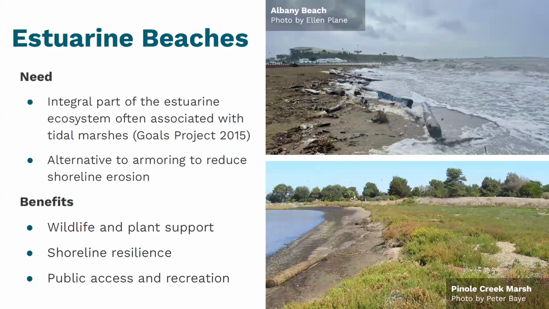When it comes to shoreline resilience, I already mentioned they can help buffer from waves and reduce shoreline erosion, and that can be whether they're in front of a developed shoreline or in front of a marsh, as a marsh fringing barrier beach that can reduce marsh scarp erosion. And then public access and recreation. We know there's opportunities with this as well. Next slide.